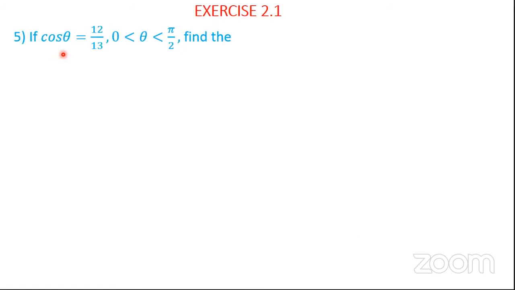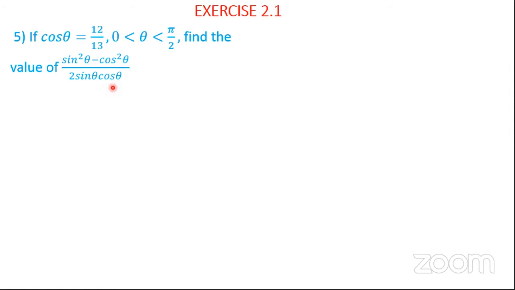Next example, if cos theta is 12 upon 13, where theta lies between 0 degree to pi by 2, then find the value of (sin square theta minus cos square theta) upon 2 sin theta cos theta.